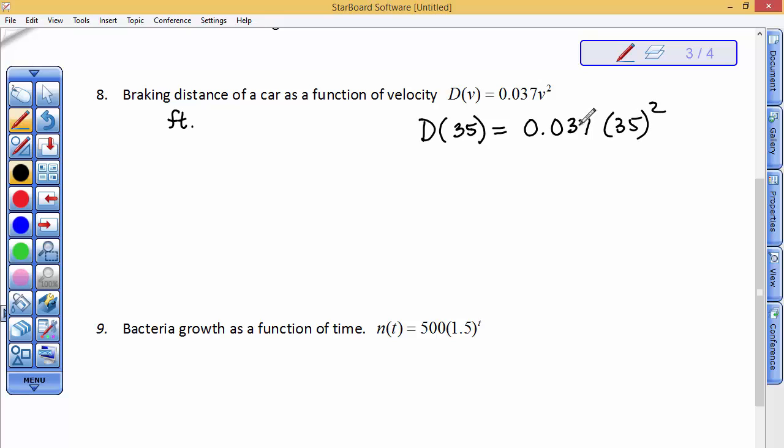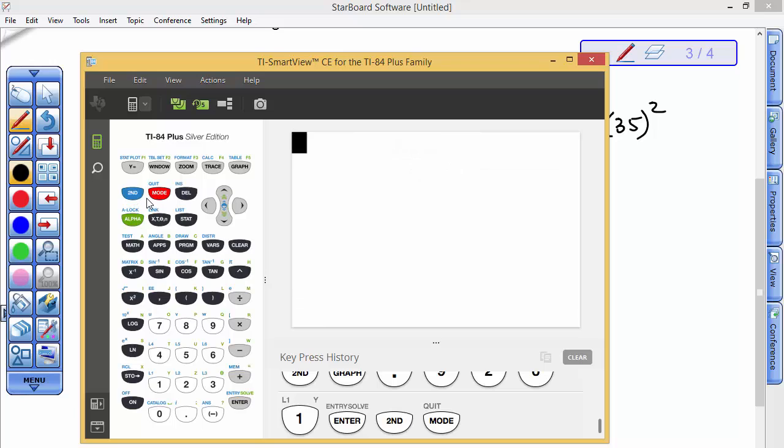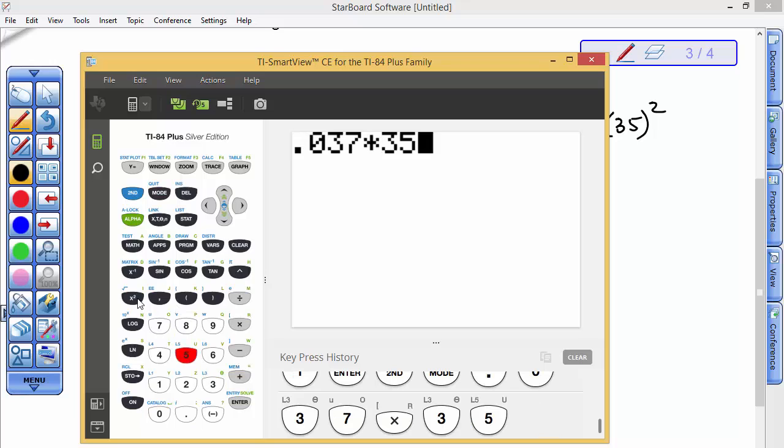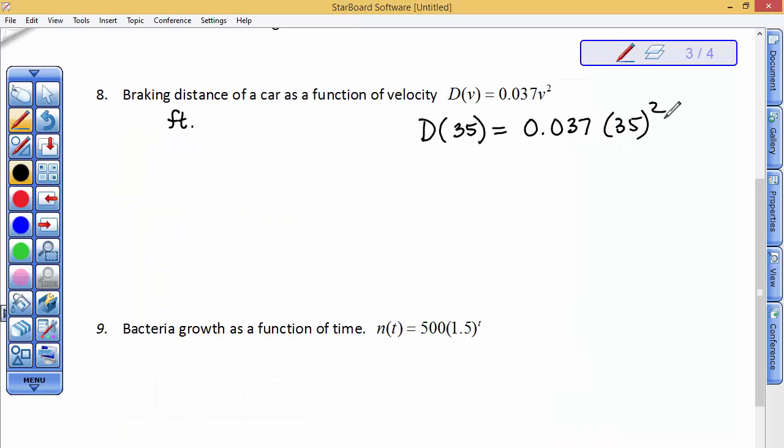So I'm going to go second quit. Whenever I don't want to be somewhere, I just go second quit. And I'm going to go 0.037 times 35 squared. And I find out that it takes me 45.3 feet to stop.